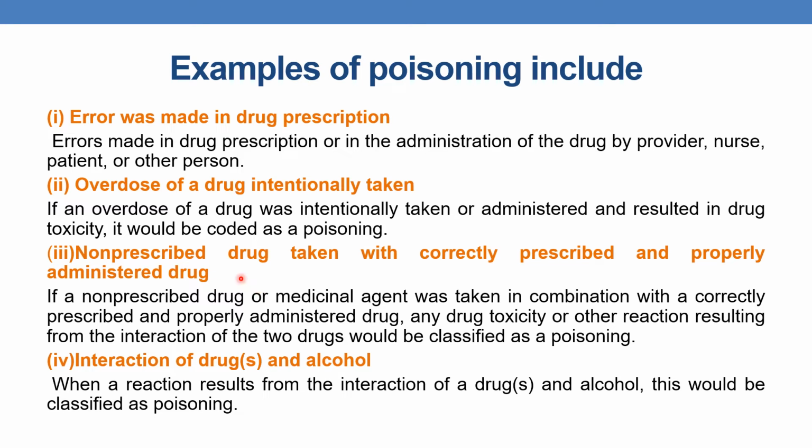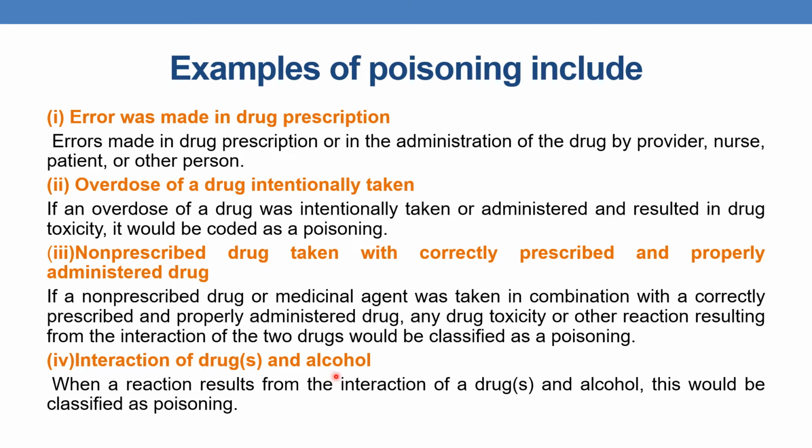Here the patient is taking the antibiotic without prescription, whereas the chronic condition drugs are prescribed. Even in that case, poisoning can occur. If a non-prescribed drug or medicinal agent was taken in combination with a correctly prescribed and properly administered drug, any drug toxicity or other reaction resulting from the interaction of two drugs would be classified as poisoning.